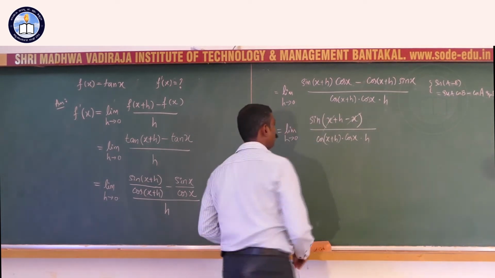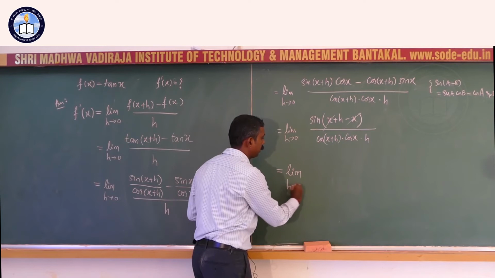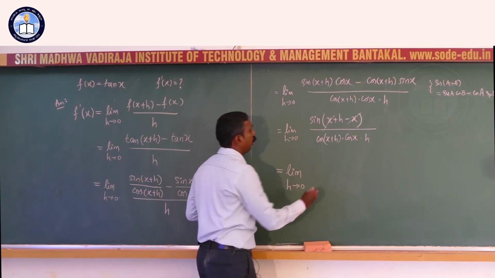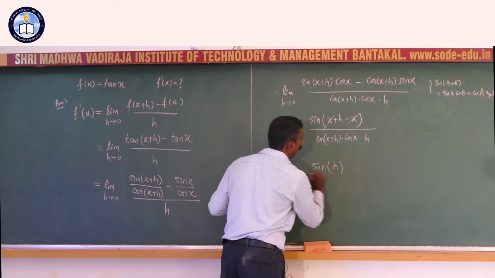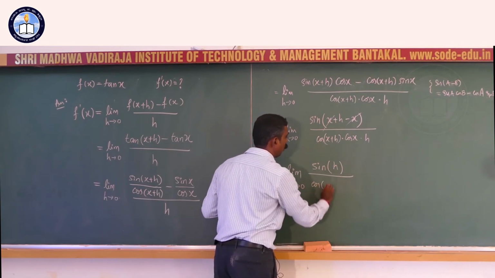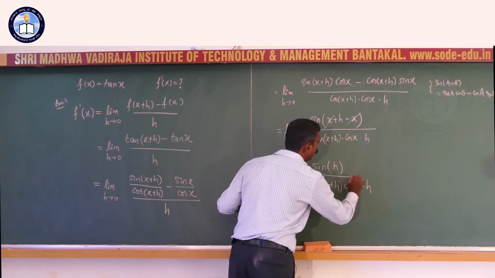So what is remaining now? It is limit h tending to 0 sine of h divided by cos of x plus h into cos x into h.